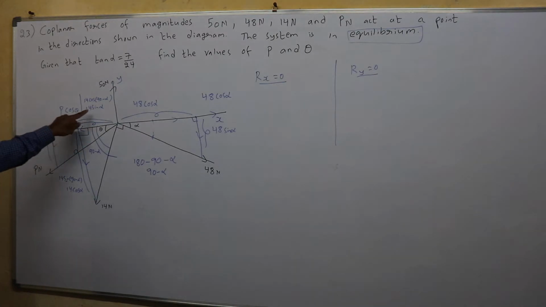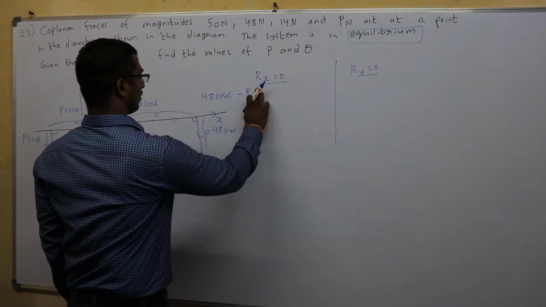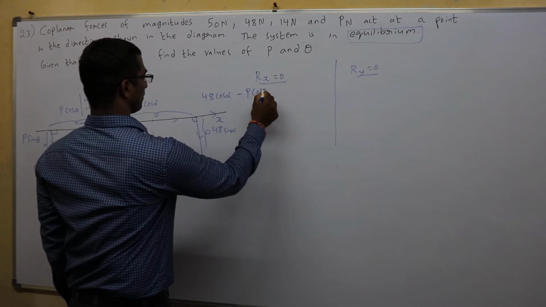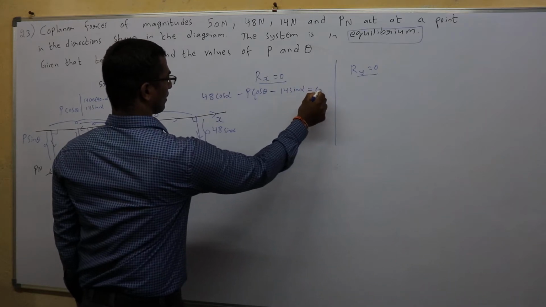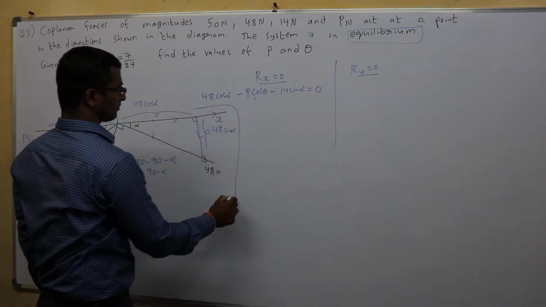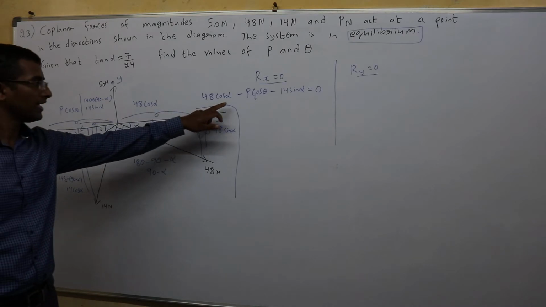P cos theta is negative, 14 sin alpha is also negative. So 48 cos alpha minus P cos theta minus 14 sin alpha equal to 0 is Rx. Now, alpha I already know.